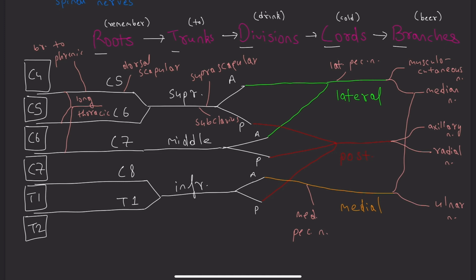Now, from the posterior trunk, we have three branches. 1, 2, 3. So the branch in the center is the thoracodorsal nerve, or also we can call it the nerve to the latissimus dorsi.